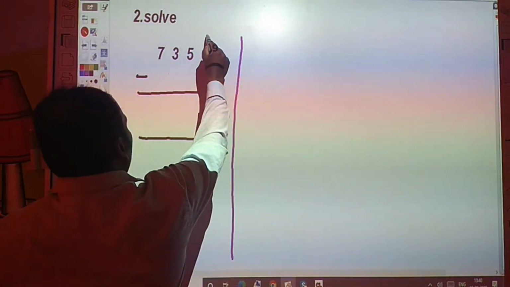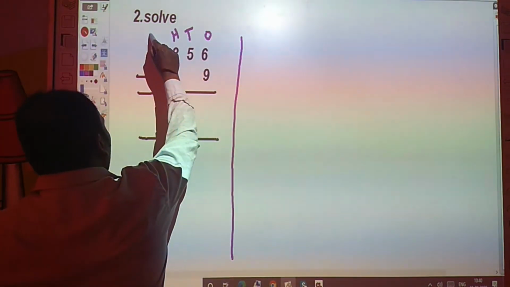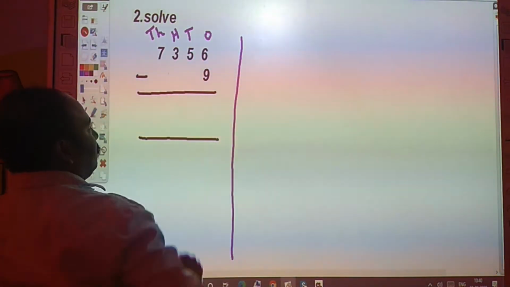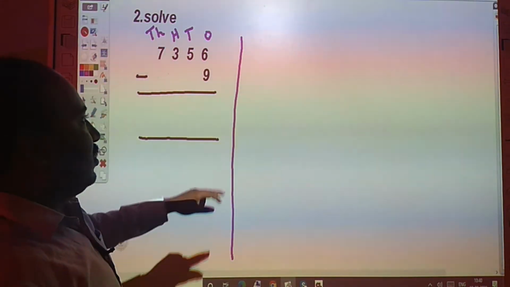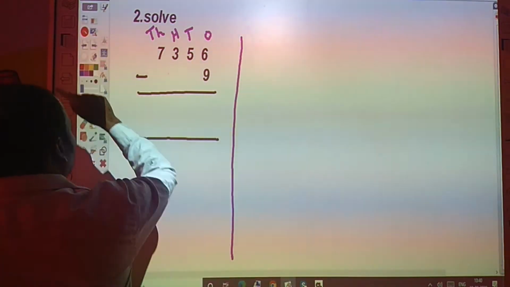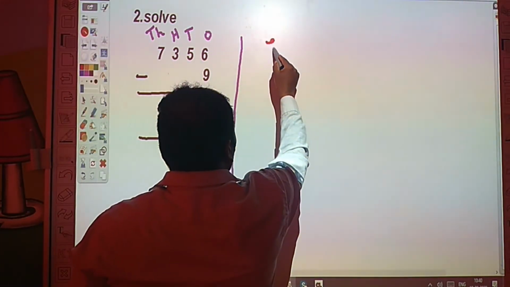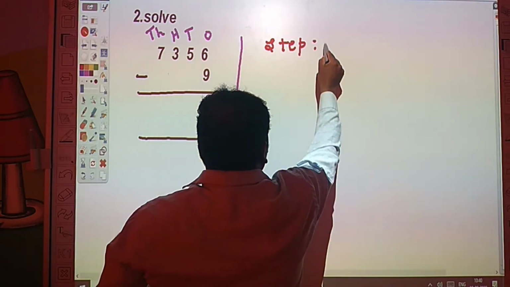First, the place values: ones, tens, hundreds and thousands. First you take the ones place. Step 1.